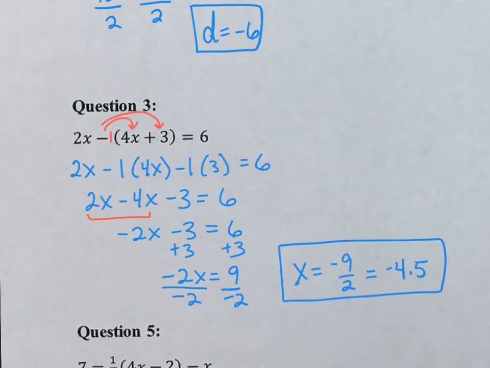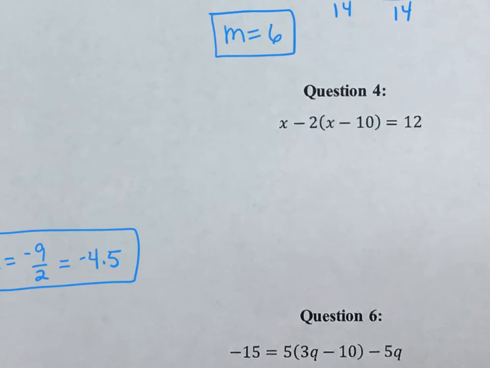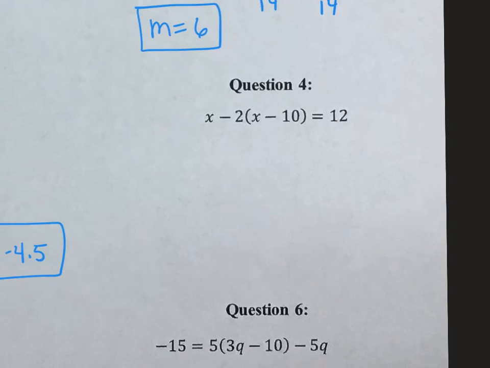Moving on to question number 4. Again, I am distributing this negative 2 to the x and to the negative 10. So I've got x minus 2 times x minus 2 times negative 10 equals 12.